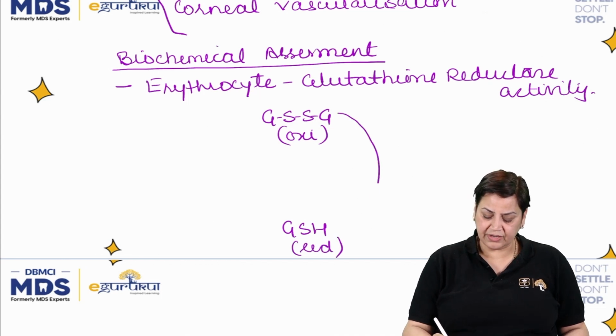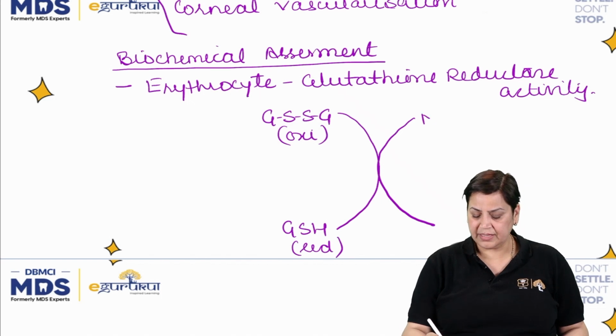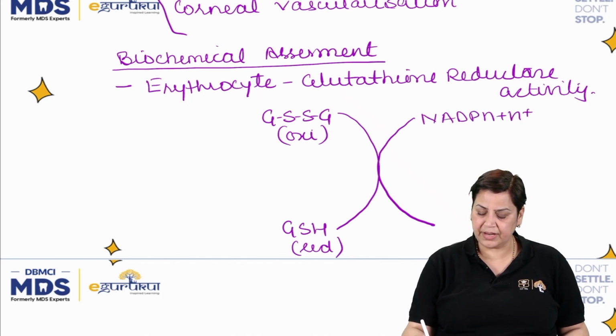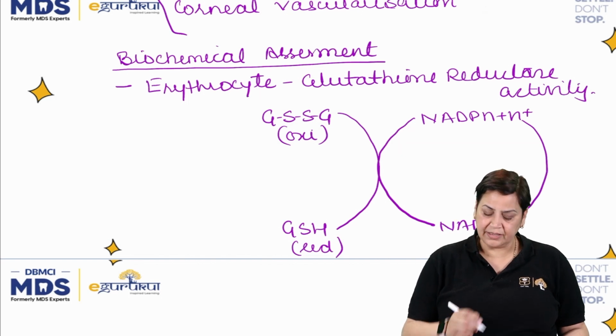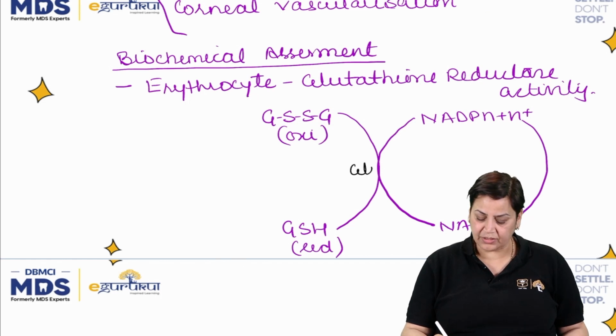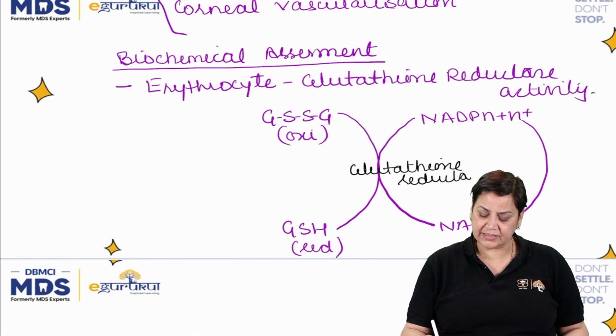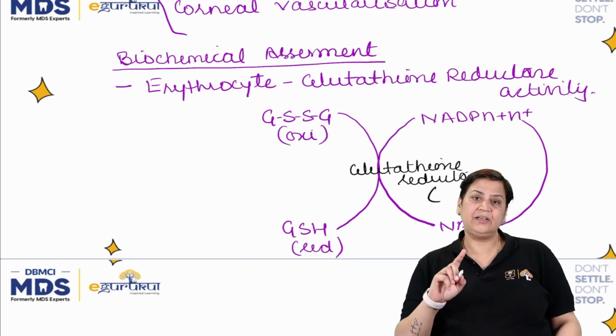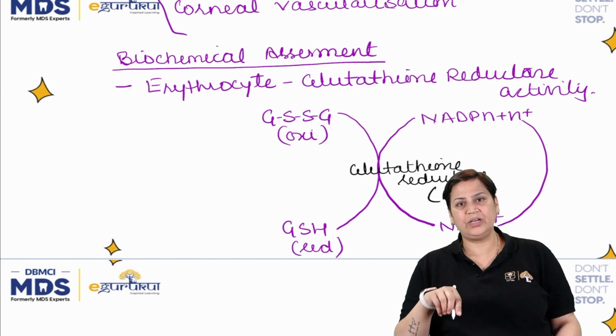It is converted from oxidized to reduced in the presence of NADPH, right? Here the enzyme is glutathione reductase, and you see that this glutathione reductase is responsible for converting oxidized glutathione to the reduced form.